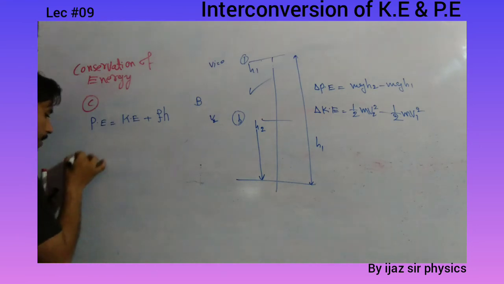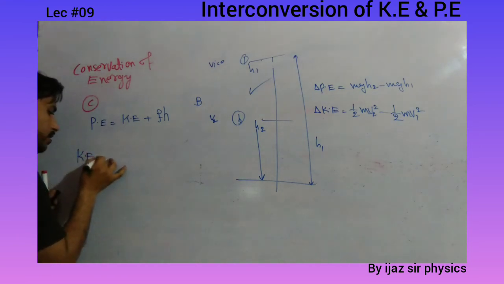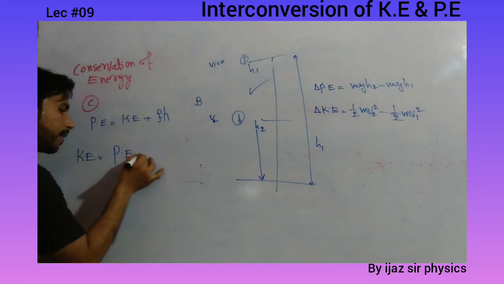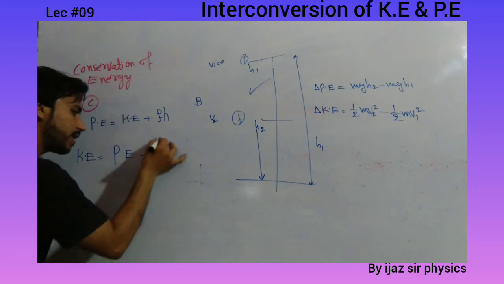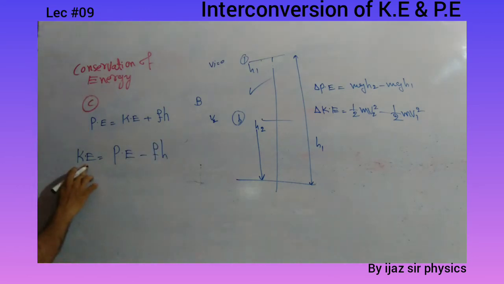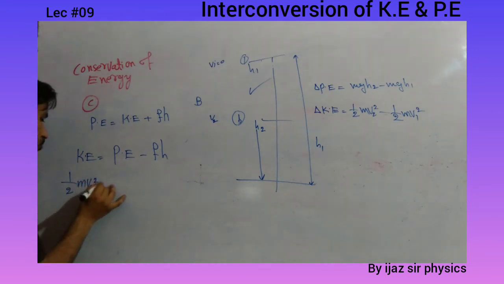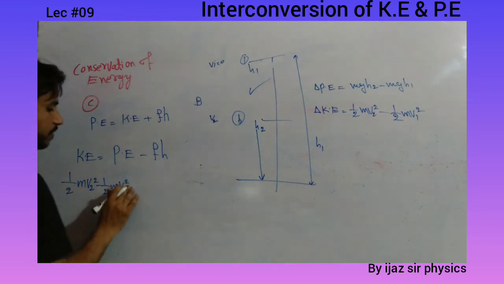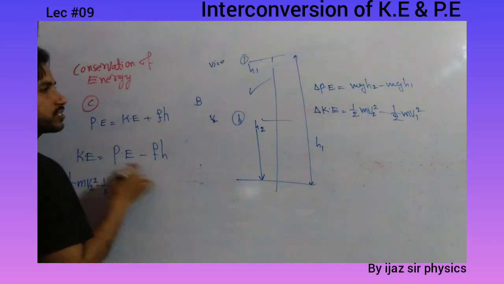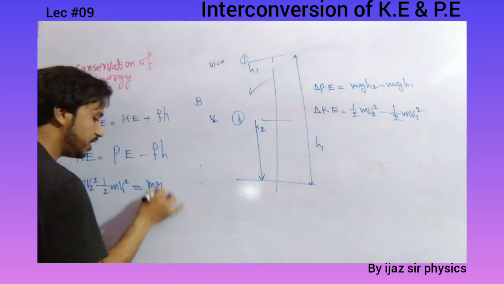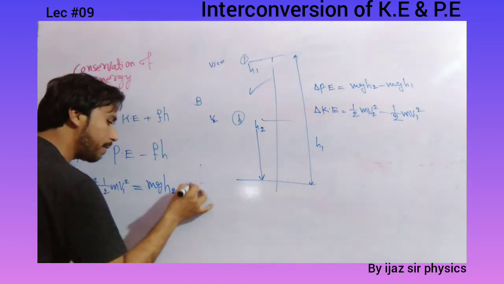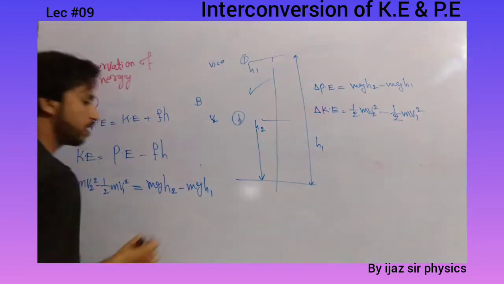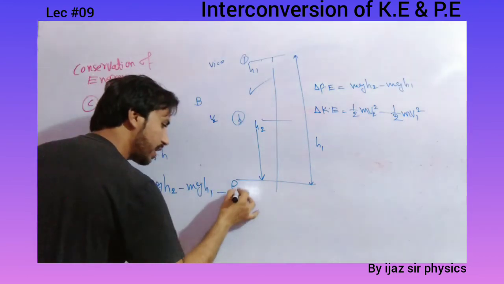Kinetic energy is equal to potential energy minus work against friction. So 1 by 2 mv2 square minus 1 by 2 mv1 square is equal to the change in potential energy, mgh2 minus mgh1, minus work against friction.